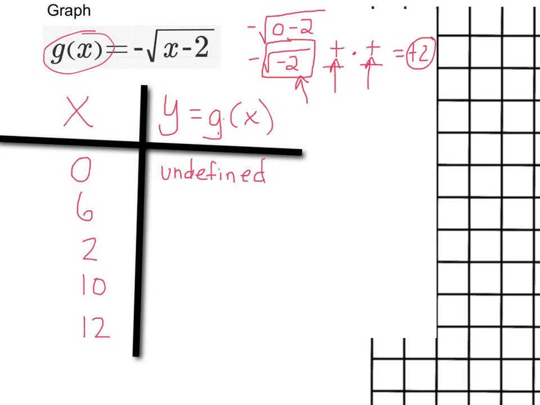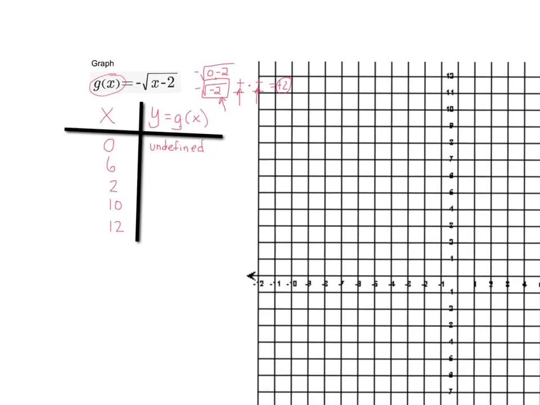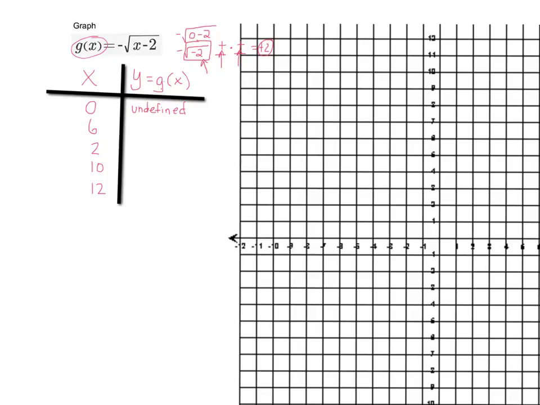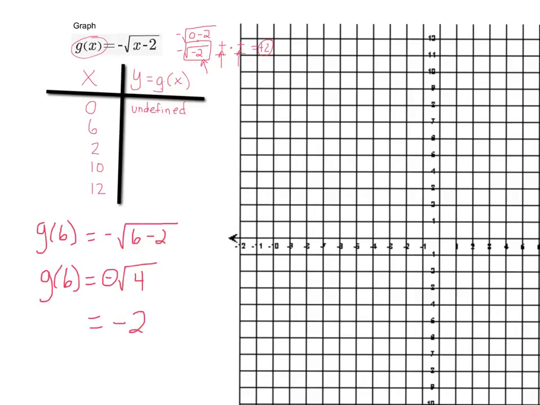Let's plug 6 into the function. g of 6 equals the negative square root of 6 minus 2, so g of 6 equals the negative square root of 4. The square root of 4 is 2, and then you bring this negative with it, so the answer is negative 2. So when I input 6, my output is negative 2.